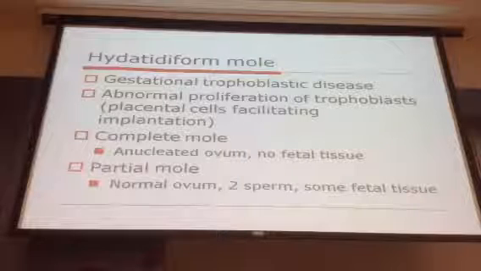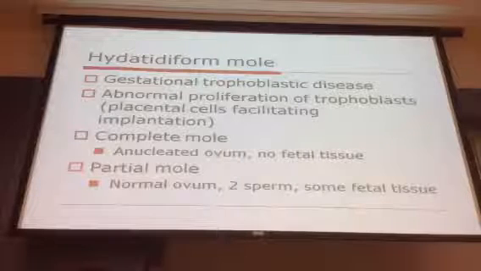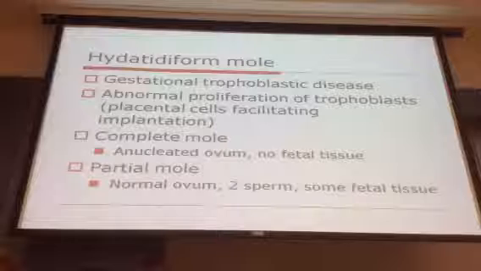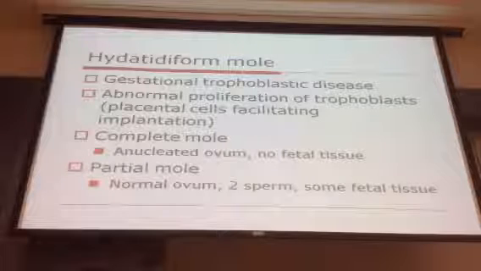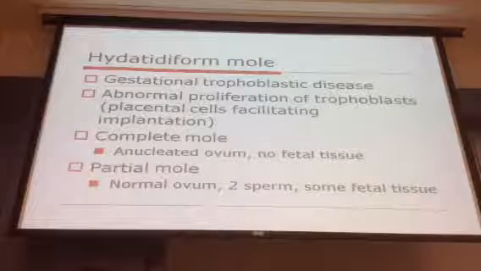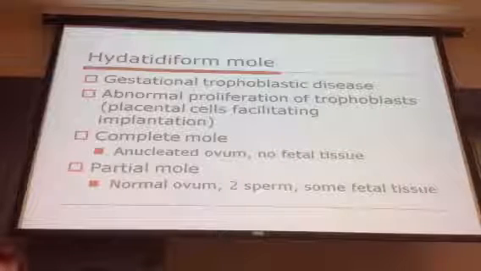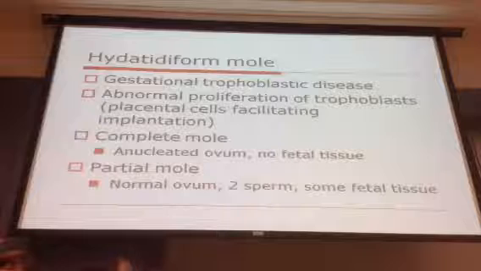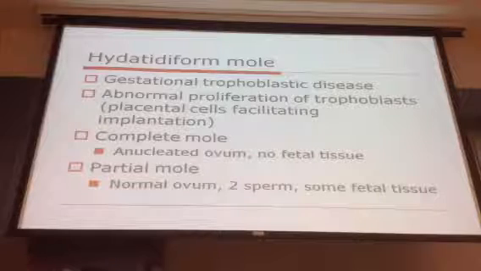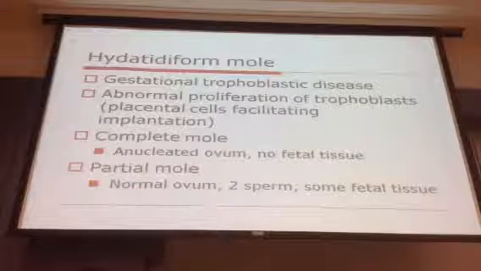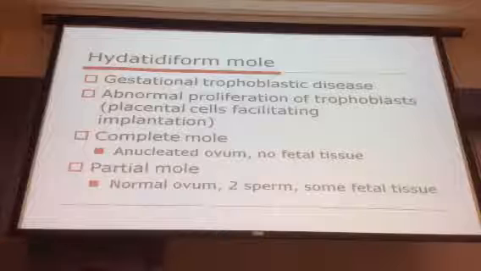So it doesn't have any DNA or genetic material in it. So consequently, there's no cross-exchange between the sperm and the egg to create this individual person with mom and pop DNA combining to make them. So there's no fetal cells in a complete molar pregnancy.